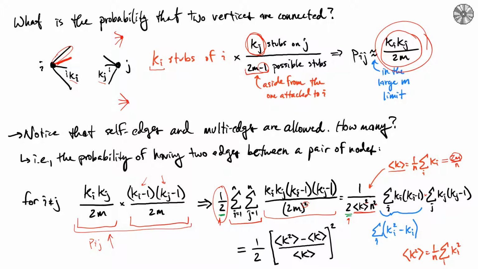If we look at this sum and multiply this out, we actually get k_i squared minus k_i. What we're going to do is define, using maybe some more advanced probability, the second moment of the degree. If this is the average of the degree distribution, this is the second moment of the degree distribution, and that's the same as summing up over all of the nodes k_i squared and then dividing by n.